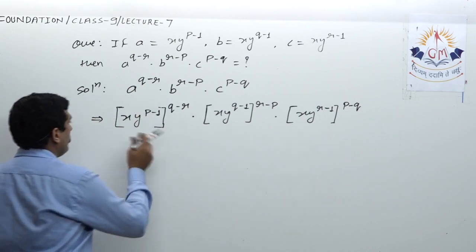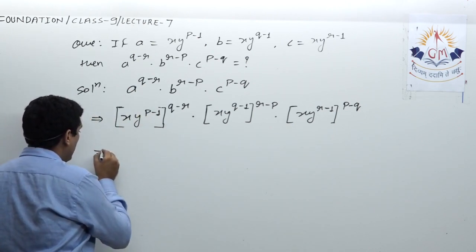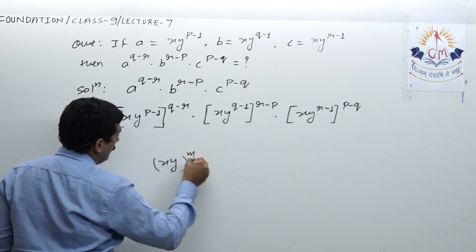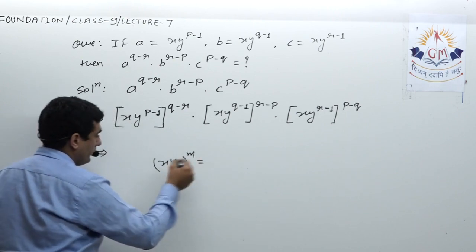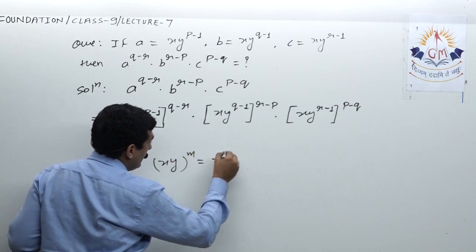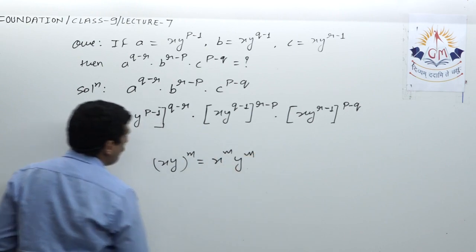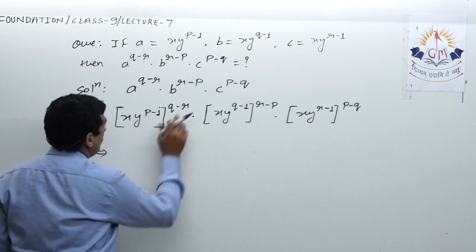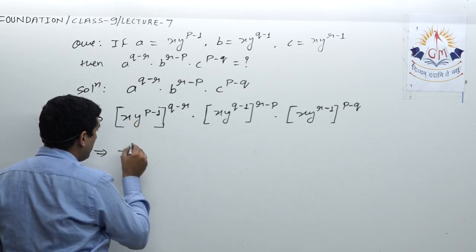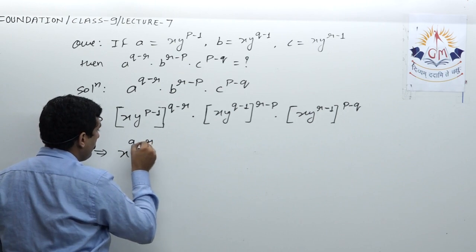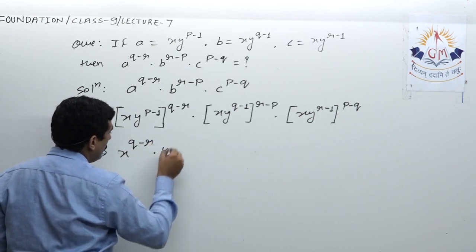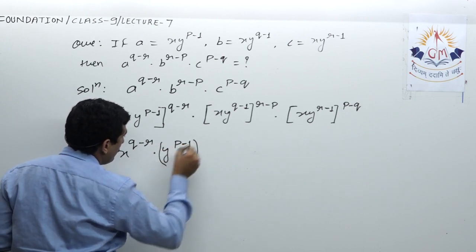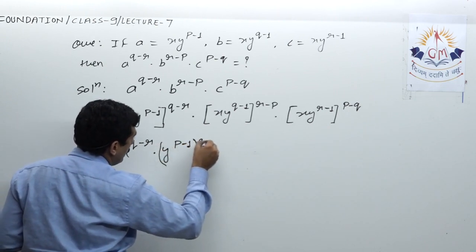Now simply I have to apply the laws of exponents. One of the laws is x y raised to m is equal to x raised to m y raised to m. That means the power will be on both the terms. So here q minus r will be on x, that is x raised to q minus r. Similarly y raised to p minus 1 raised to q minus r.